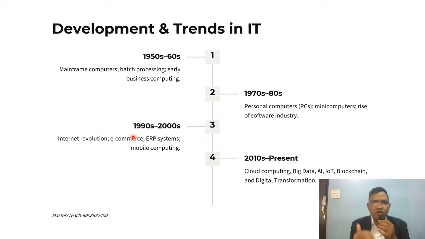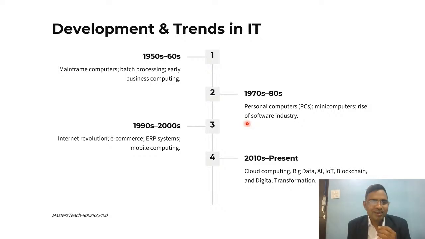Then development of IT trends. Okay, it started in the 1950s and 60s. Basically, at that particular time, mainframe computers were there, batch processing, early business. In the 1970s and 80s, personal computers came into the picture, mini computers, and slowly the software industry was rising. And in the 90s and 2000s, the internet revolution came, especially my generation.